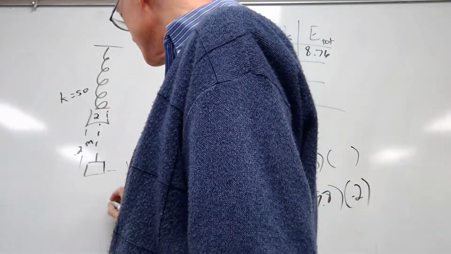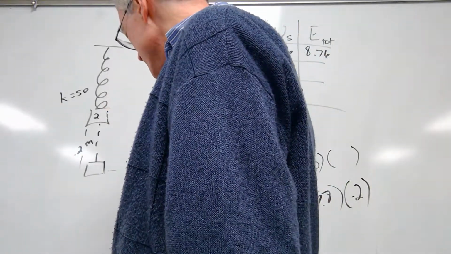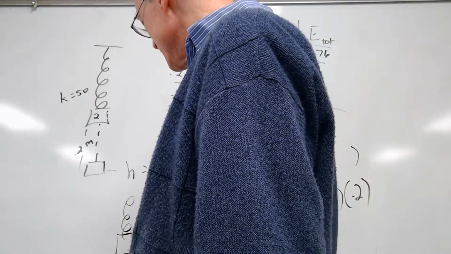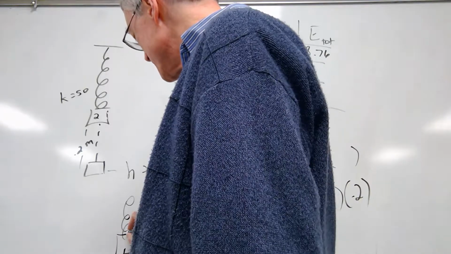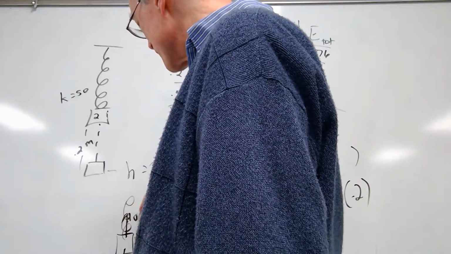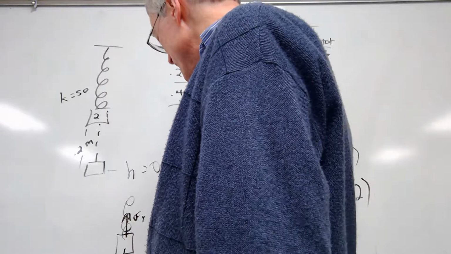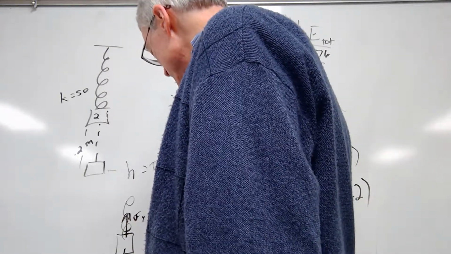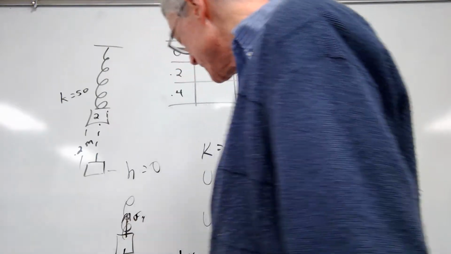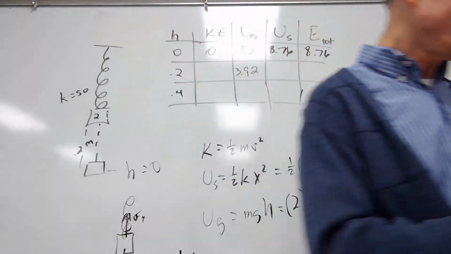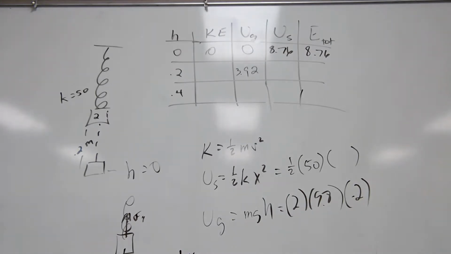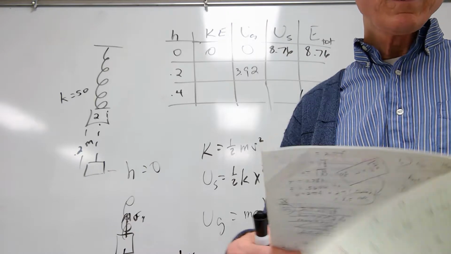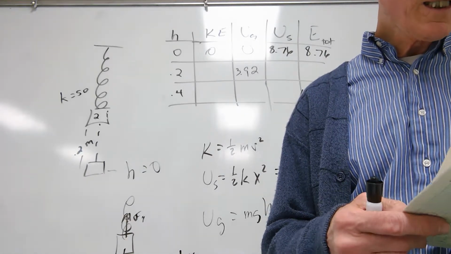let me redraw it. When it's just hanging at rest, its force is mg, and the force of the spring is equal to that. So F equals negative kx, and F is mg, and k is 50, so we can get x that way. Let me see if I have found out what that is. Number 29, F equals negative kx.